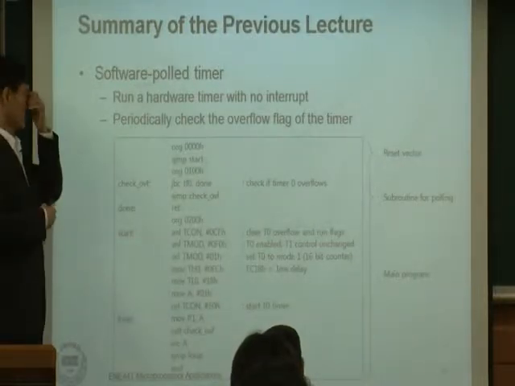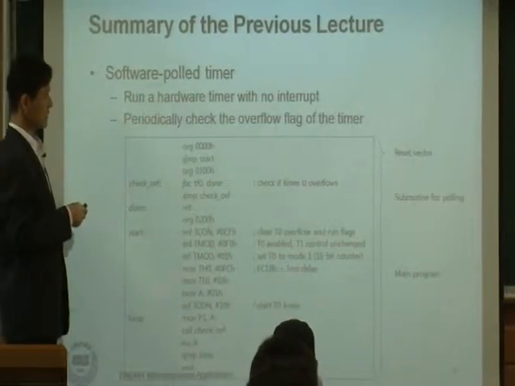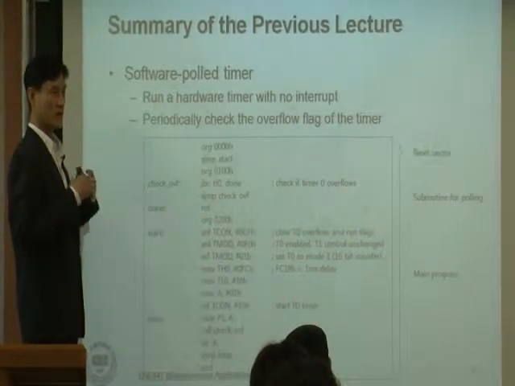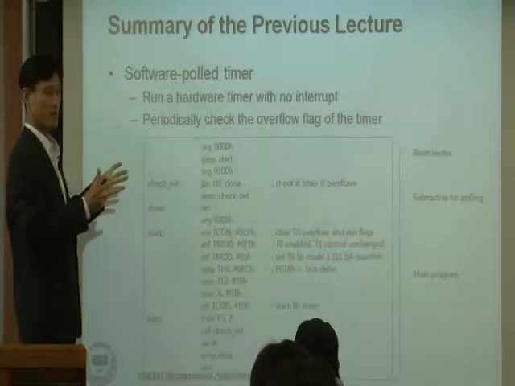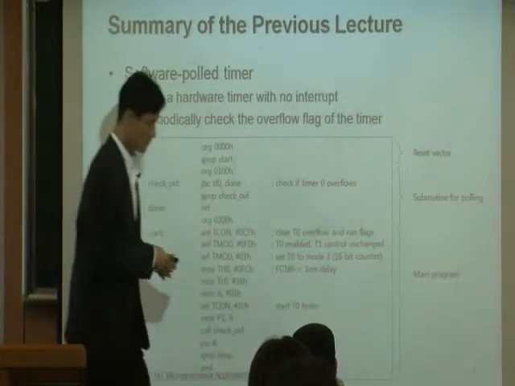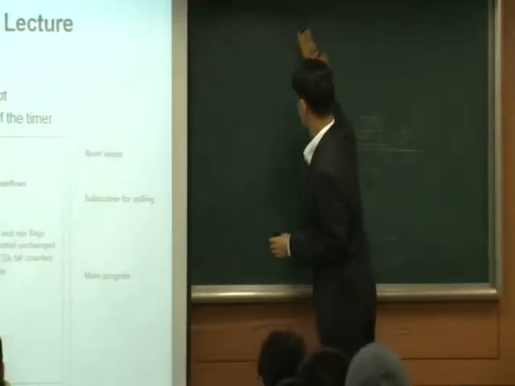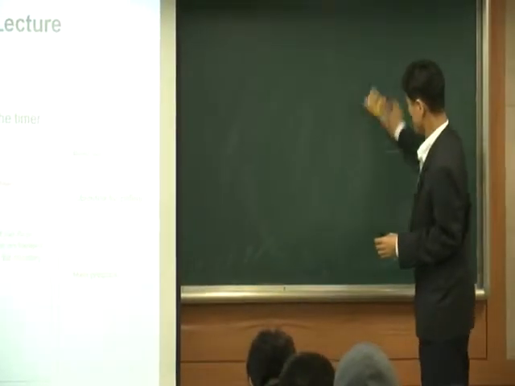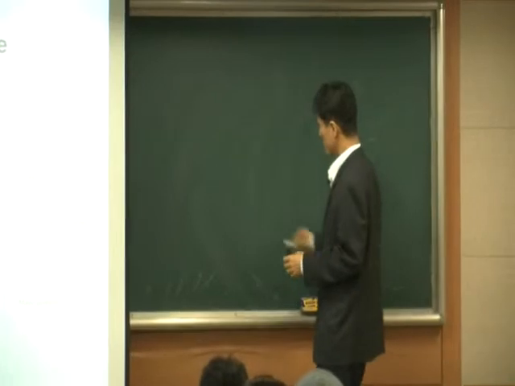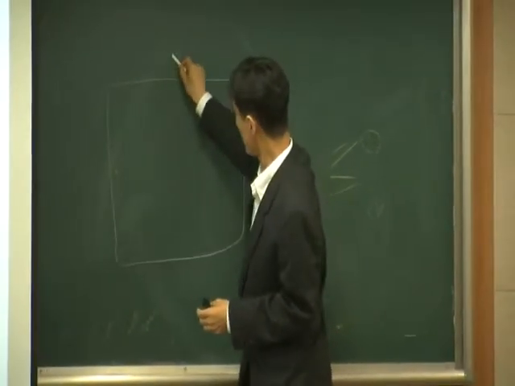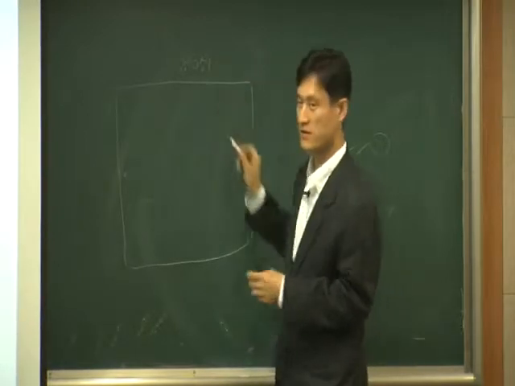A better way to measure 1 millisecond is to use hardware. Let's see what's happening in the hardware. I think there was a little bit of confusion about these things. We have the 8051, our microprocessor.